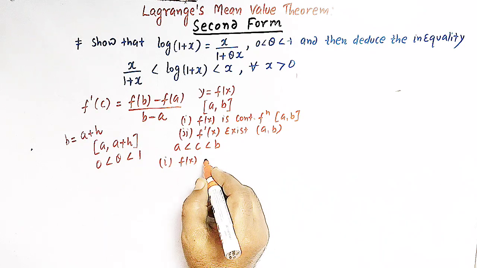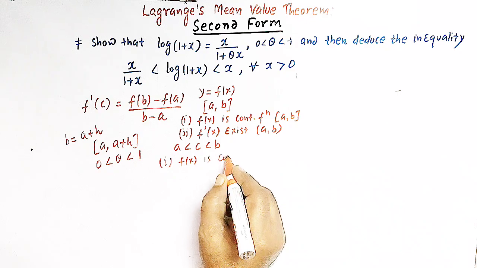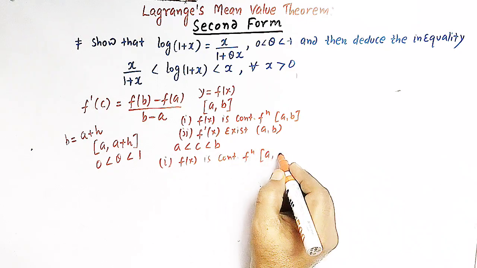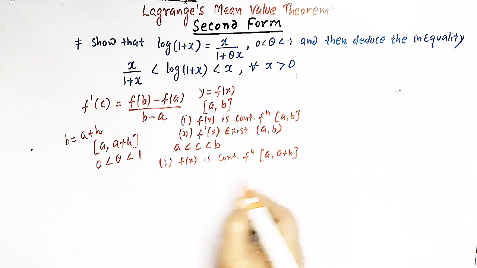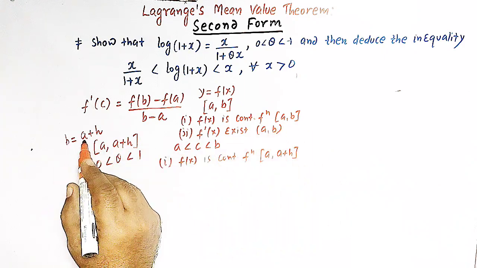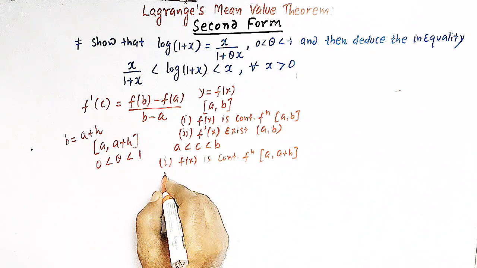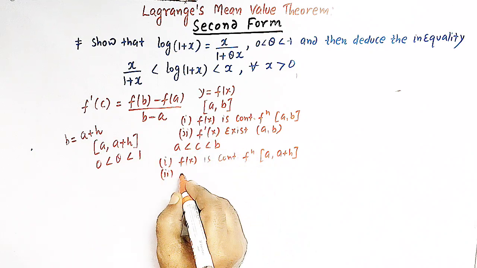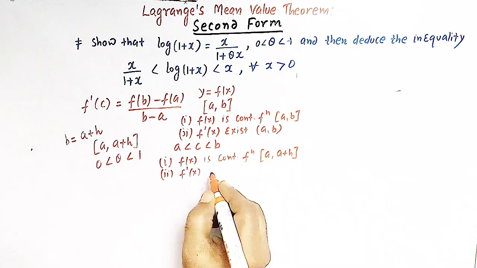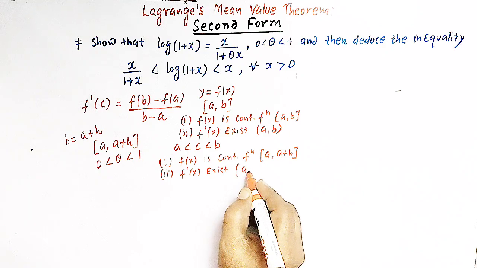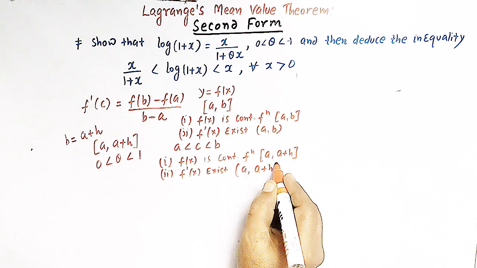So f of x is a continuous function in the interval, that is a and a plus h. Right? So now we are using for b a plus h, and this function f of x is differentiable, that is f prime of x exists in the open interval, that is a comma a plus h.